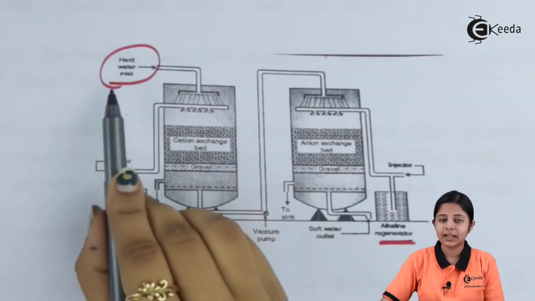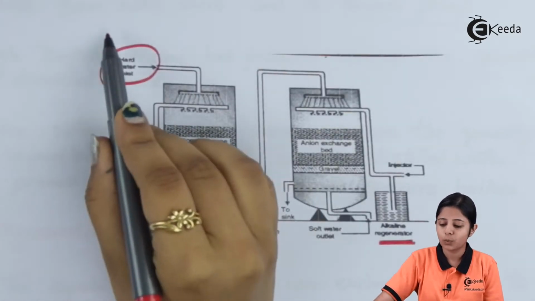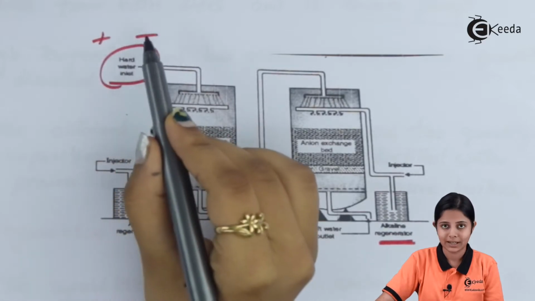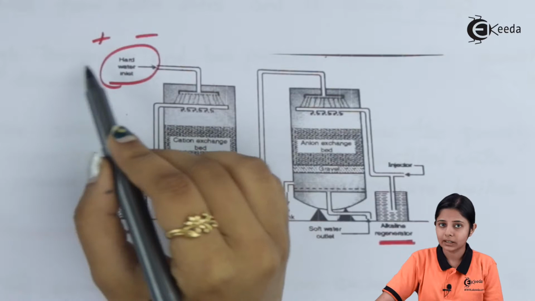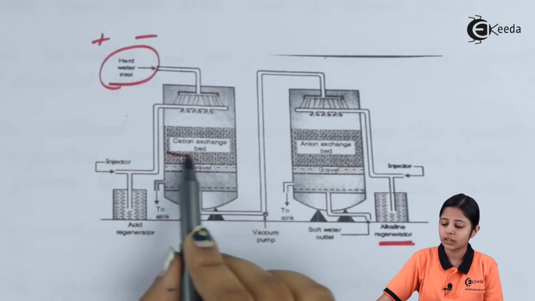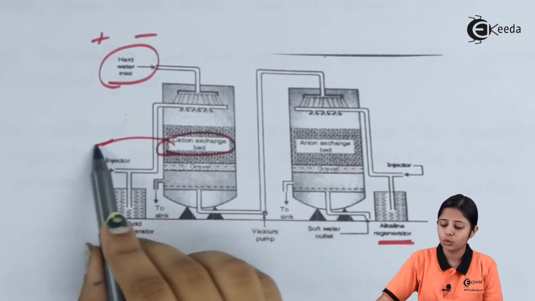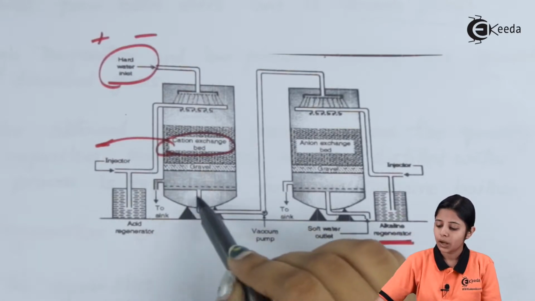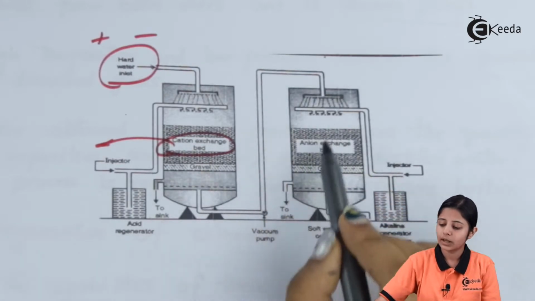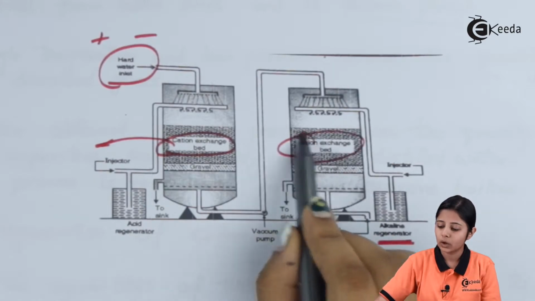So now first I have hard water. This hard water contains both the positive ions and negative ions, cations and anions. Now these cations pass through the cation exchange bed and get removed over here. Then the water, which contains only the anions, passes from here and goes to the anion exchange bed. Over here the anions are also removed.